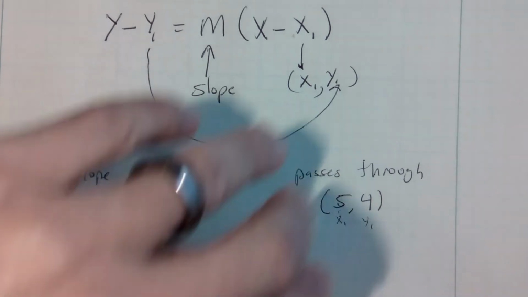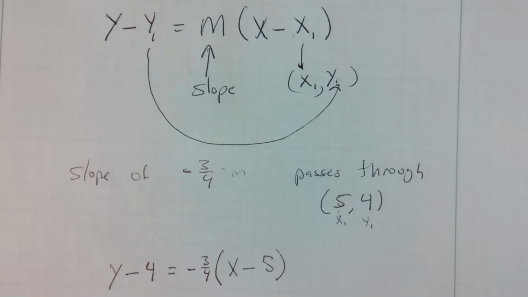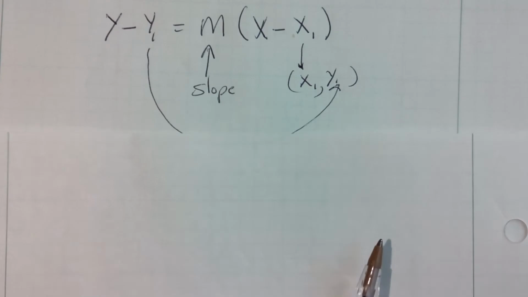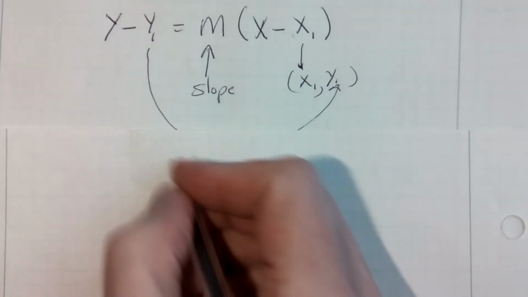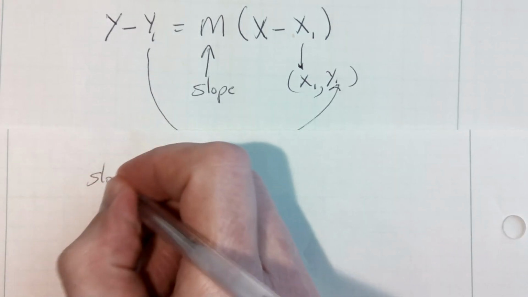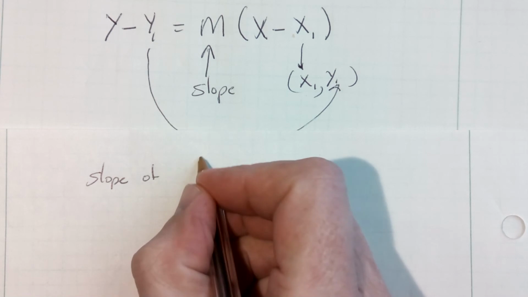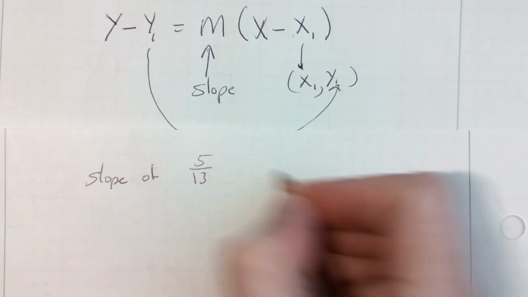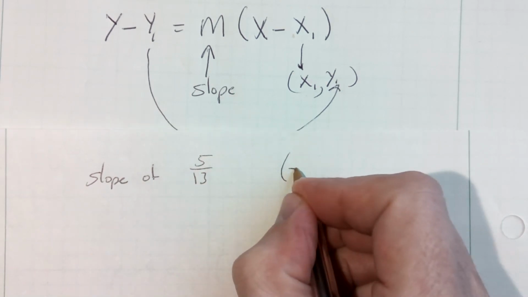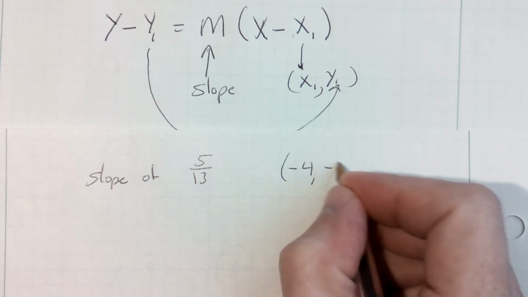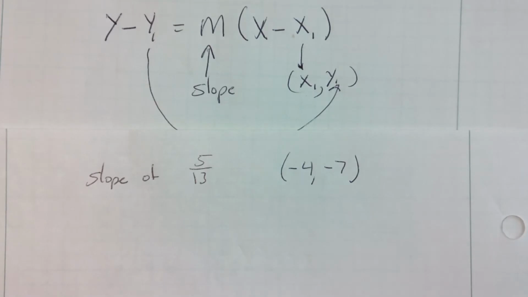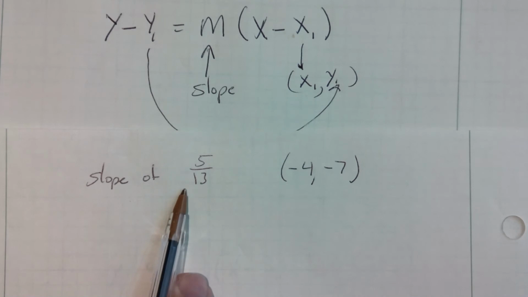I'm actually going to try to leave the formula up there. So here we go. Let's say I have a slope of, and I don't even care what the slope is, 5/13, and I go through the point -4, -7.